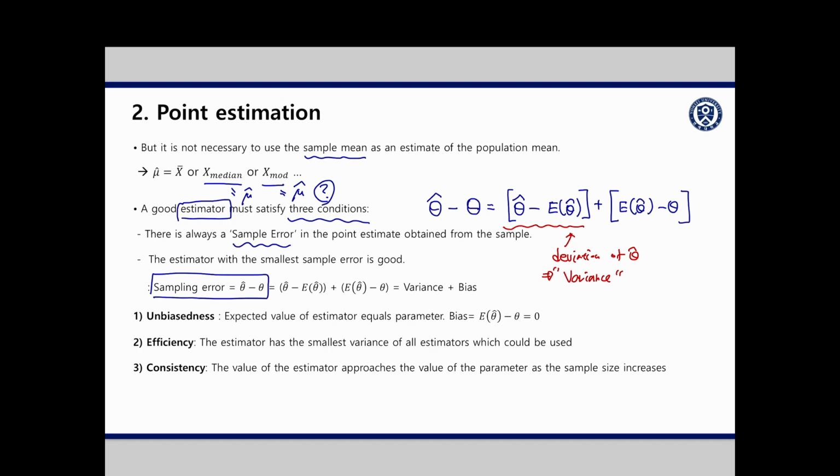And the expectation minus theta means the bias. Therefore the sample error can be divided into a variance part and a bias part, and the estimator with the smallest of these 2 parts can be considered a good estimator.